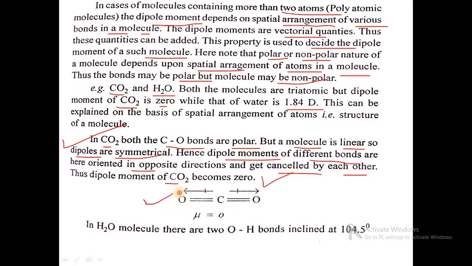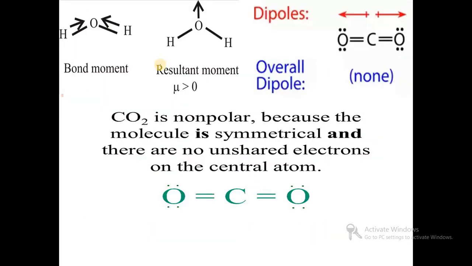So this is the diagram of carbon dioxide, both C=O bonds having dipole moments, but they cancel each other due to the linear geometry, and overall dipole moment of CO2 is 0. But in case of water, there are two O-H bonds which have a 104.5 degree angle.